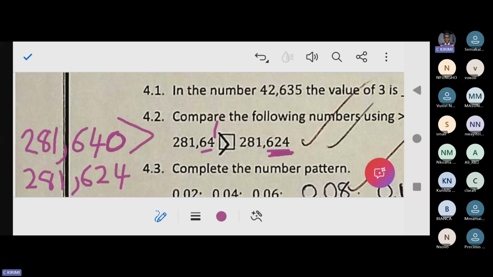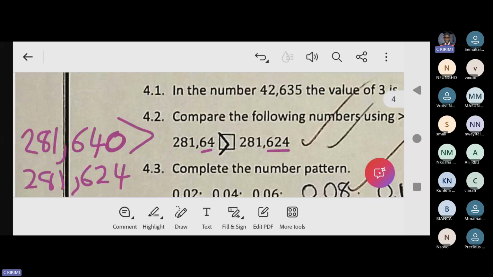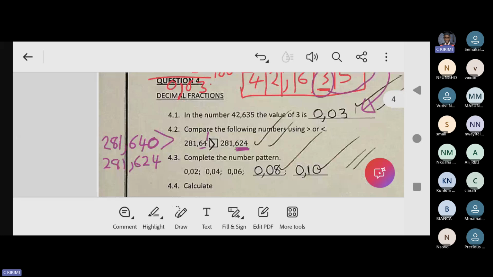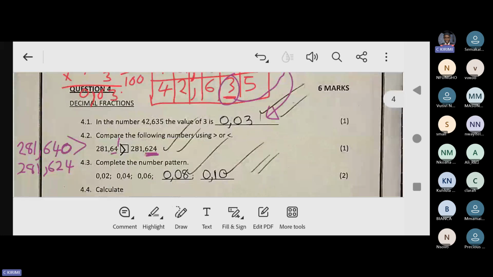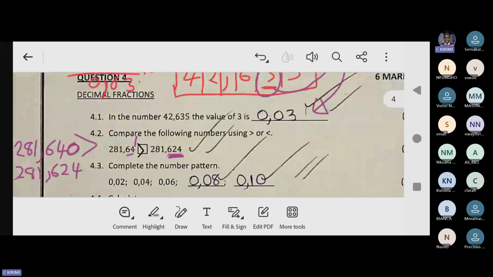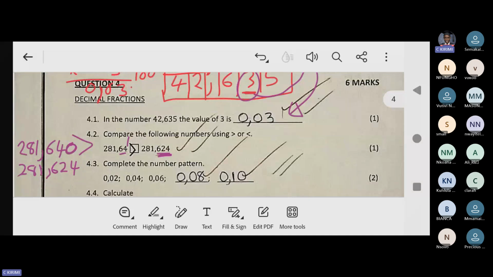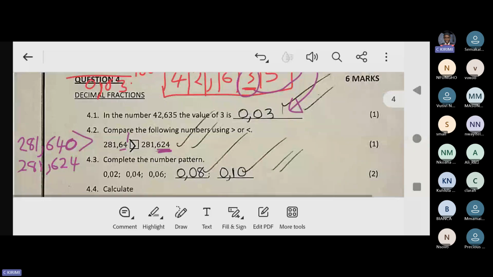If they give you a 2 decimal place with a 3 decimal place, make sure that all of them are the same in dimensions, which means they are also ending in 3 decimals so that you can compare. So this is the only trick for decimals. Add that placeholder, the 0. You will see that that number is bigger than 281,24.